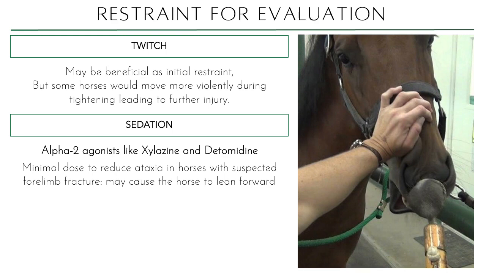So if you are suspecting a forelimb fracture, you just use a minimal dose para hindi siya mag-lean forward. Right? A higher dose may be used if this is an excited horse, a distressed horse, or if you observe that lameness and you think it needed sedation, if it's right after exercise. Okay? Because as literature said, you would need a higher dose for that.